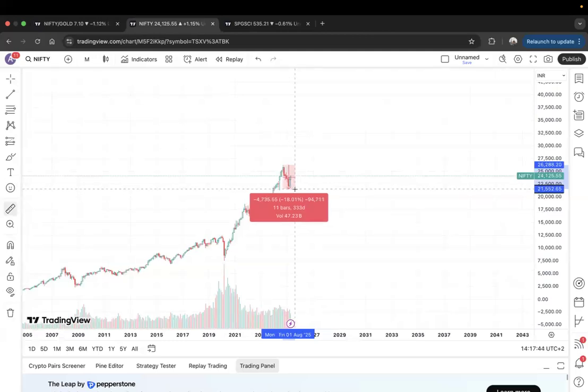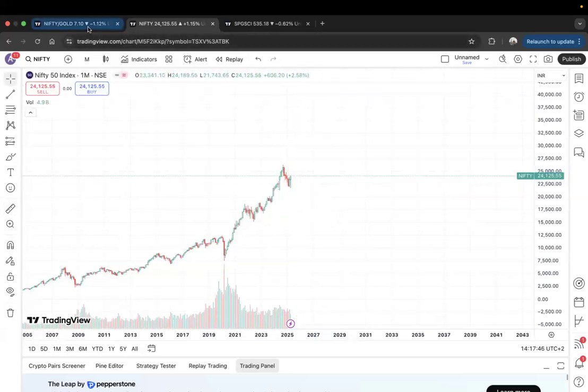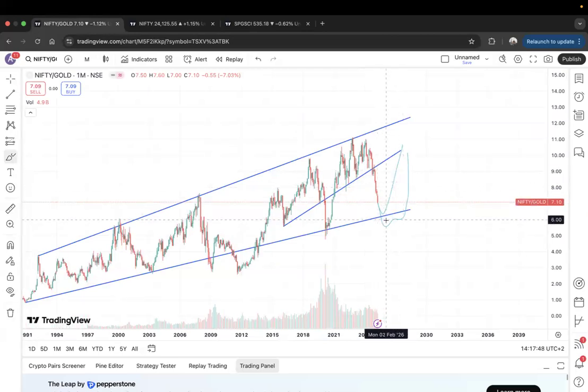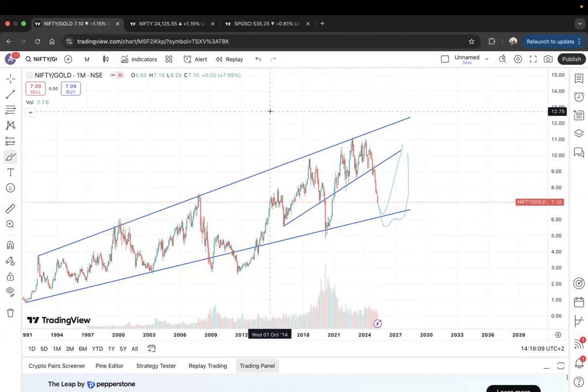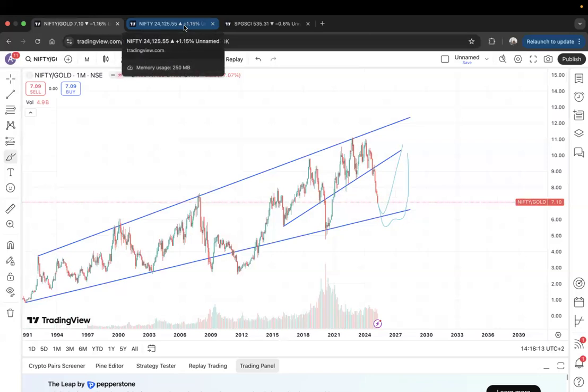So for me, if this trend is to continue, over the next 1 to 2 years we could have more drop in the Nifty and it could be a more bearish market. But it doesn't mean that it will always be going down and down. You could have periods of down, then up, then down again. But essentially the Nifty returns over the next 1 to 2 year period could be muted or low.